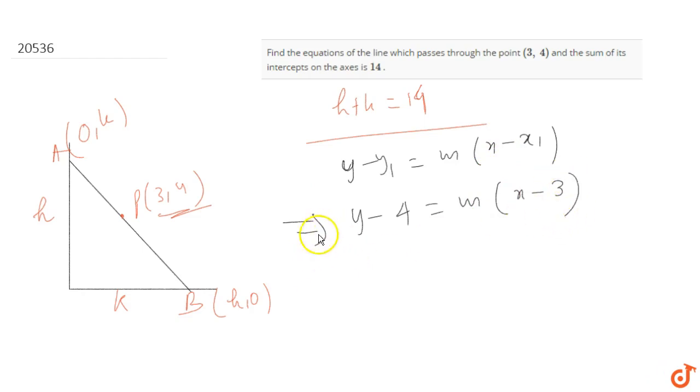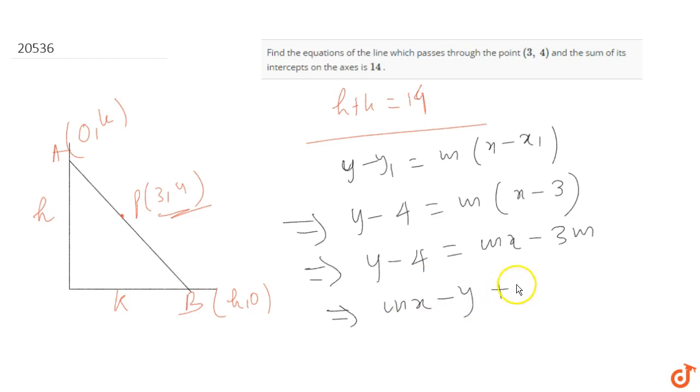So we get y minus 4 equals mx minus 3m, isn't it?